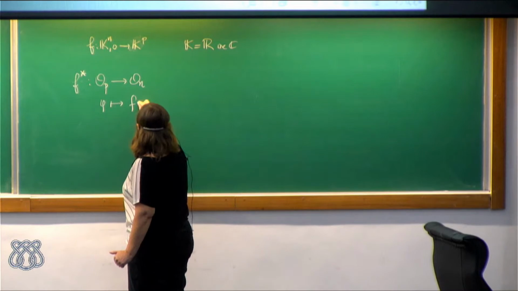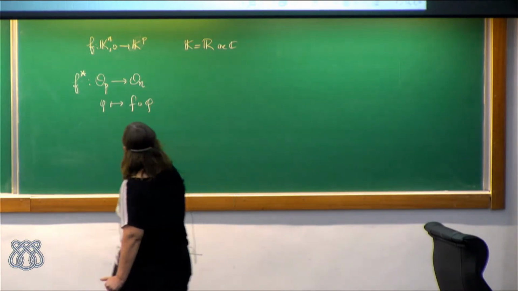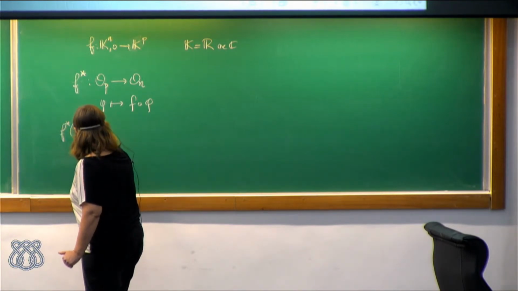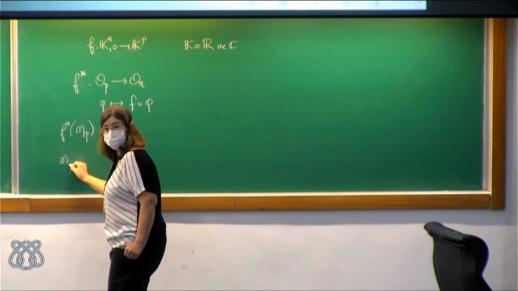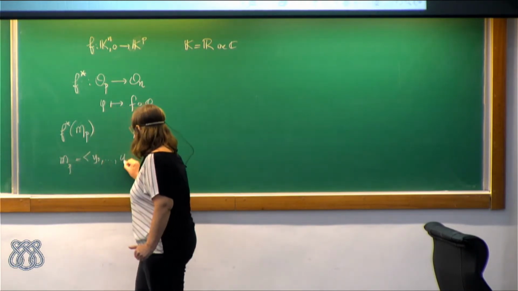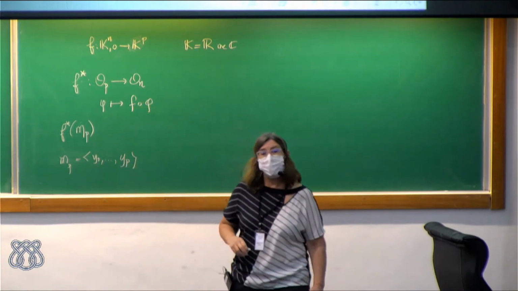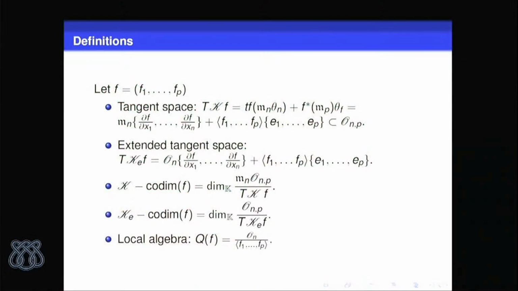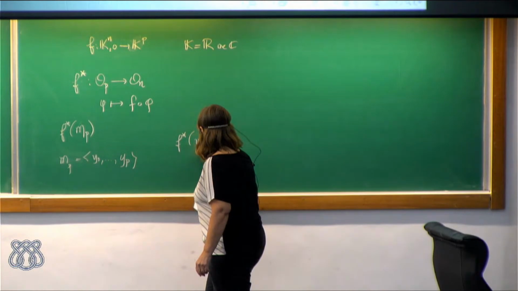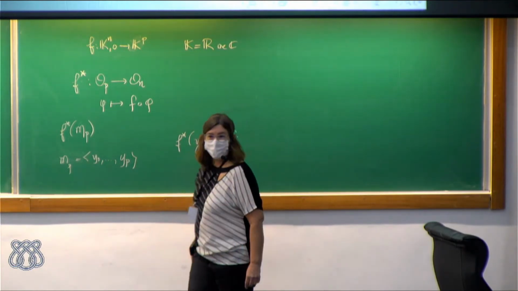It is phi composed with F. So when you look at F star of M_p, we know that M_p is generated by y1, up to yp. Y coordinates in target, x coordinates in source. So F star of y_i is equal to f_i.